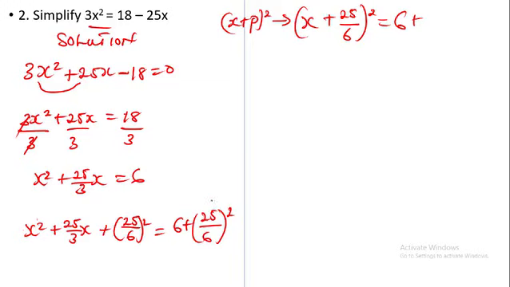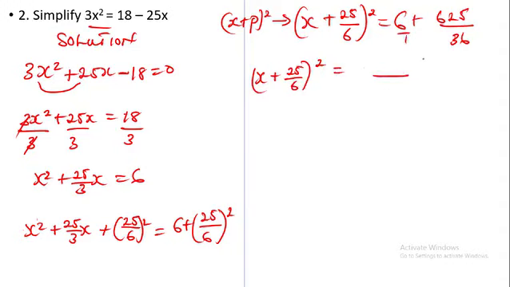That is 25 times 25, which will give us 625, and 6 squared is equal to what? 36. So we have (x + 25/6)² equal to, this is 6 over 1, so we take the LCM.